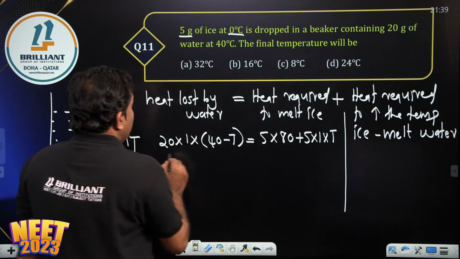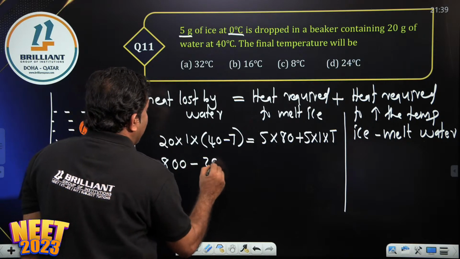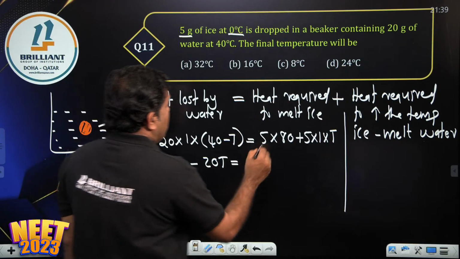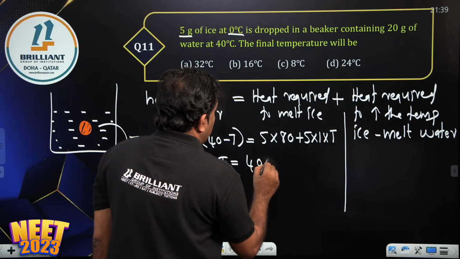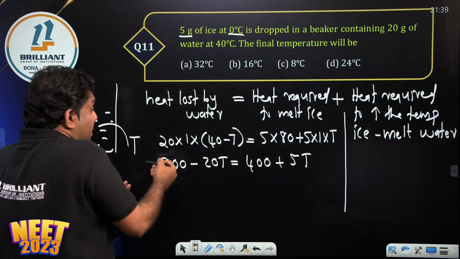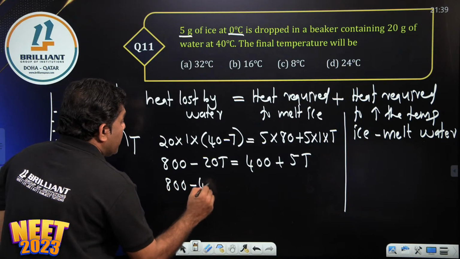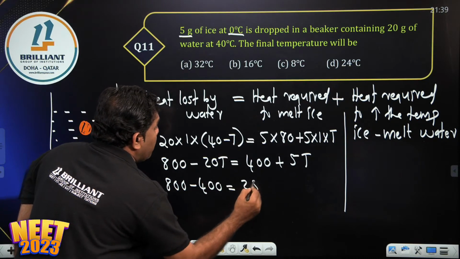So I am writing now that is 20 into 40, that is 800 minus 20T is equal to here 5 into 80, 400 plus 5T is there. Take to this side. So 800 minus 400 is equal to 25T.